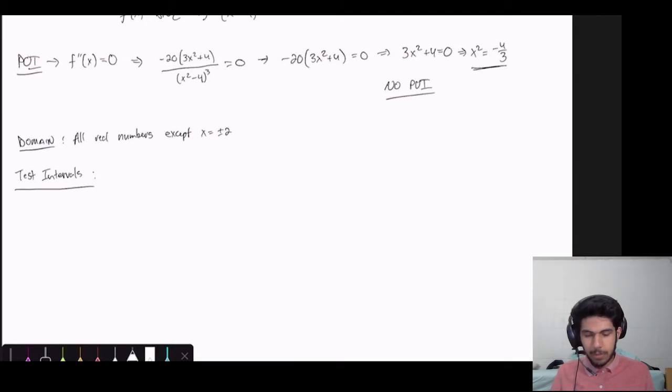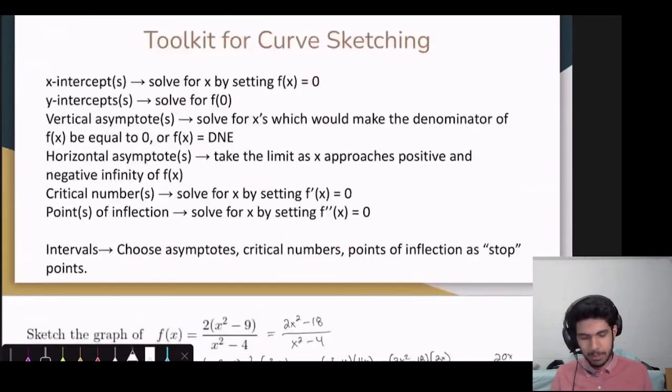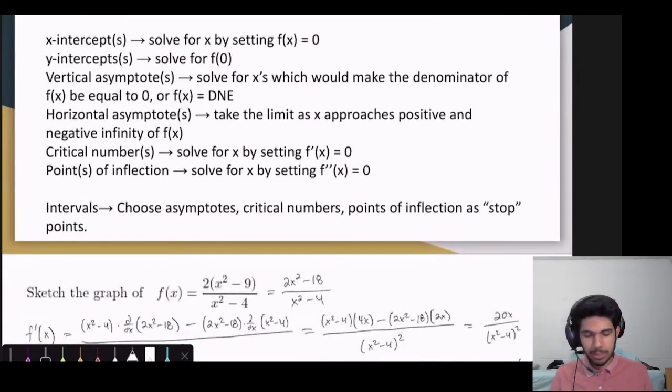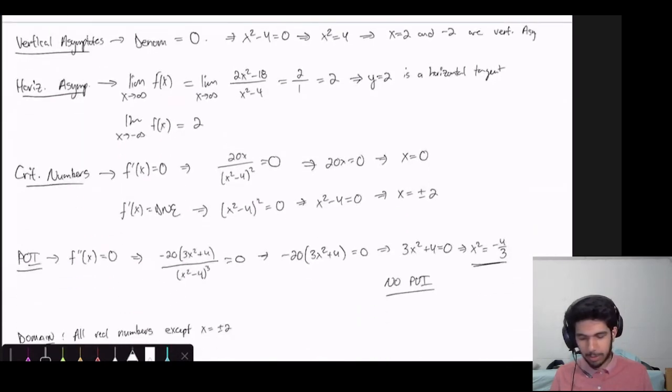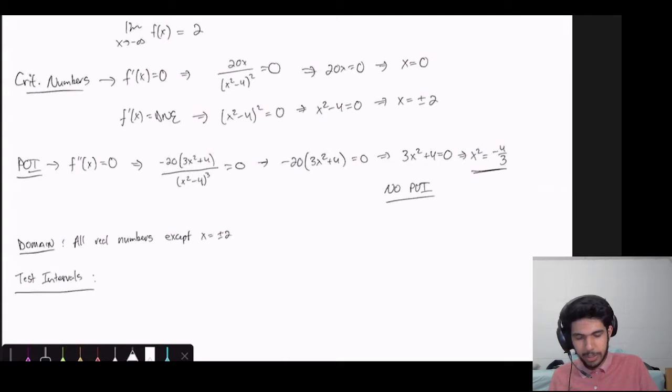So for this, we want to break it up at, well, let's see, where do we want to break it up? We can choose asymptotes, critical numbers, points of inflection. We have plus or minus 2, those seem to be the really important ones, right? We had vertical asymptotes there.